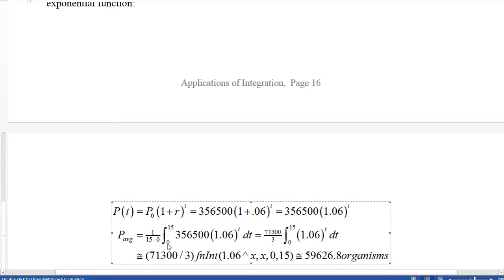It starts now at time 0 and ends at time 15. You do 1 over 15 minus 0, which is 1/15, and then you have this function. I brought the 356,500 out front, divided by 15, reduced the fraction by canceling some 5s, and then I'm integrating from 0 to 15 of 1.06 to the t.